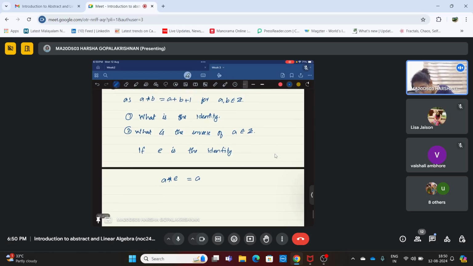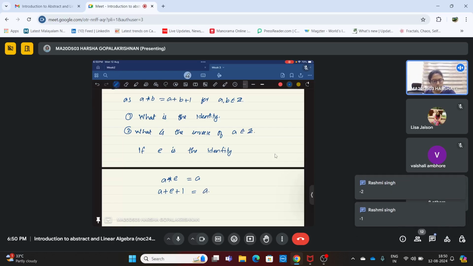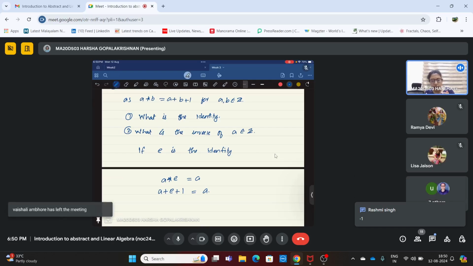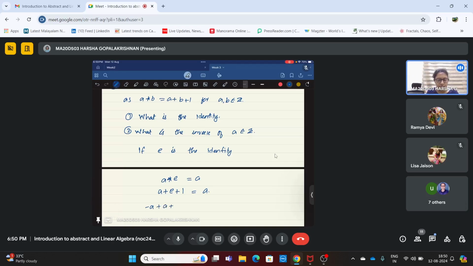By definition, A star B is A plus B plus 1. So A star E is A plus E plus 1, and this should be A. So we can add minus A on both sides. It is not just the cancellation thing. Actually, the cancellation law holds in a group, but I think it is not covered.